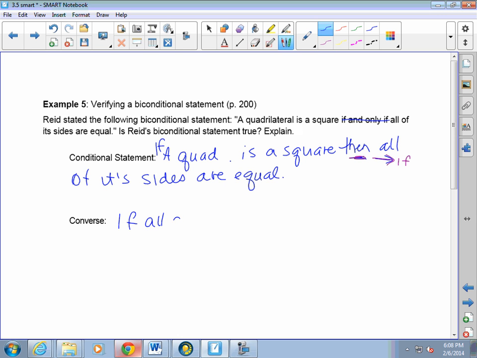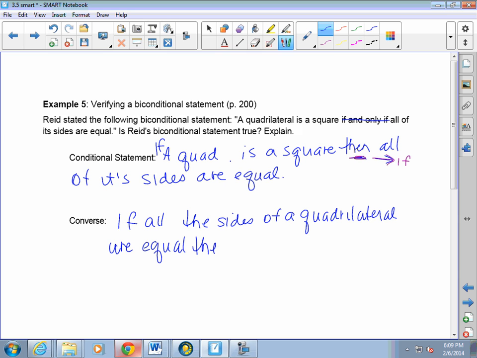If all the sides of a quadrilateral are equal, then it is a square.